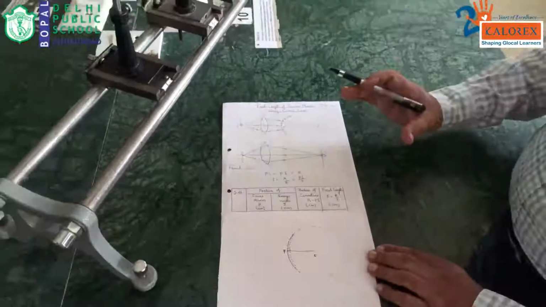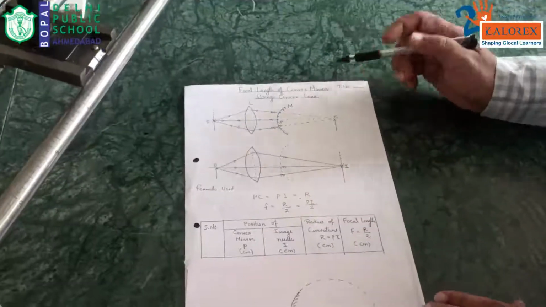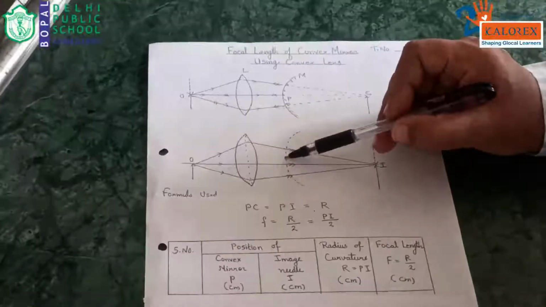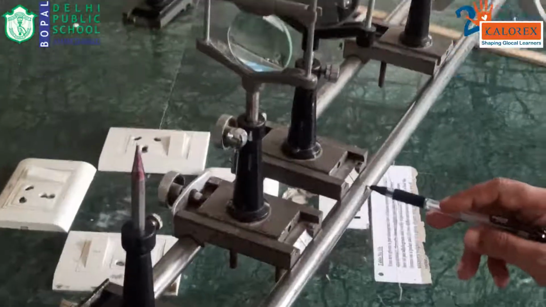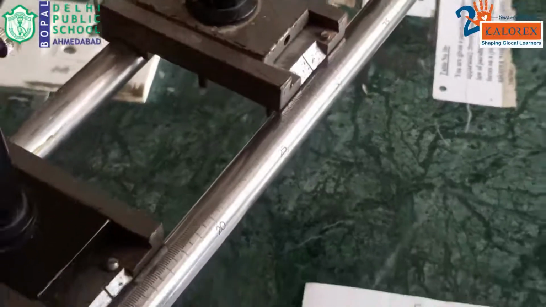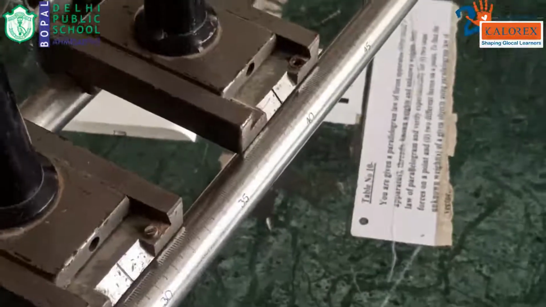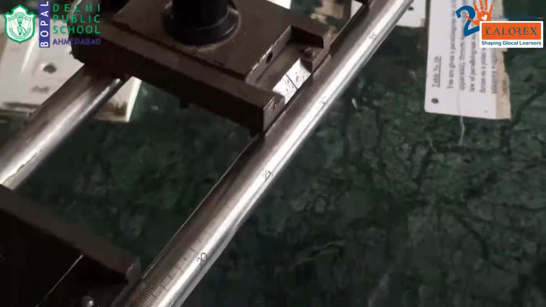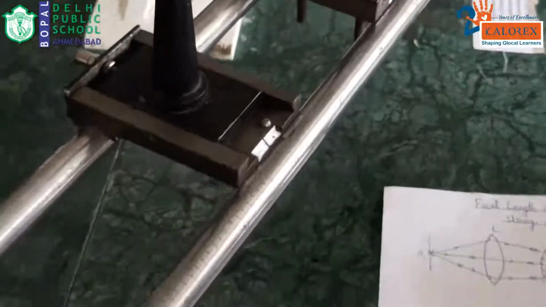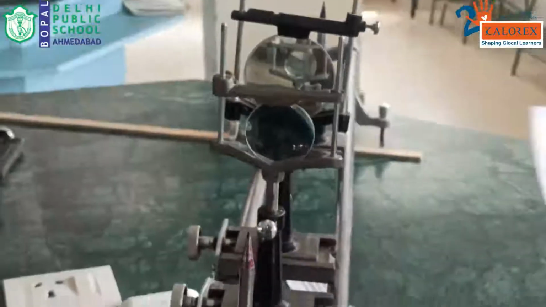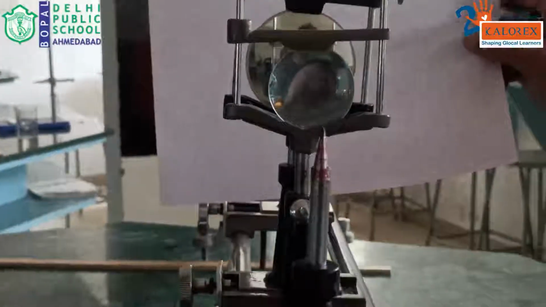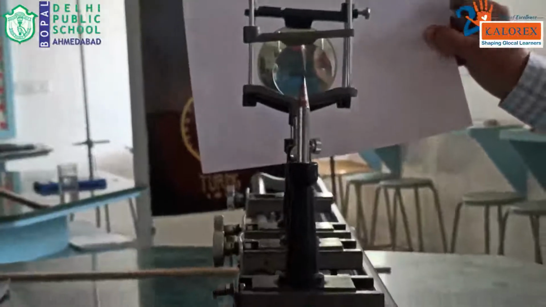If we keep some of the things fixed, it will be easy for us to take the readings. I am keeping the mirror at 40, fixed. I am taking the lens at 30, kept over here also. And by the trial and error method, we can get its image. As you see, this is its image, just above it, it is coming.